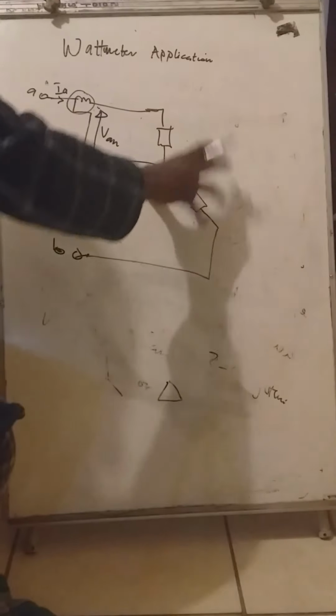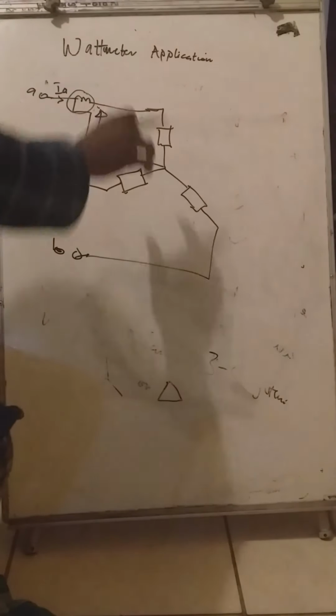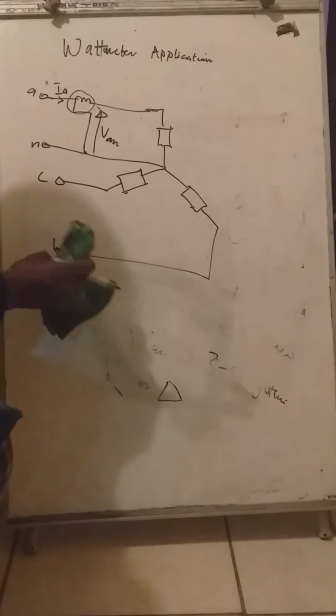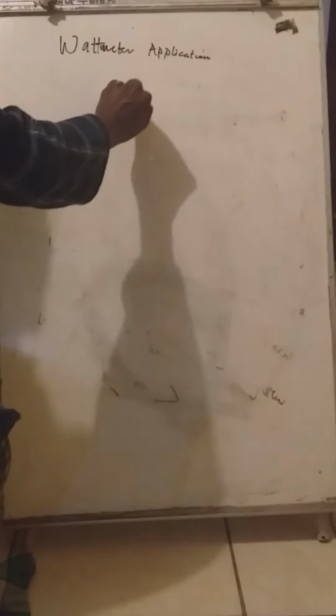That will give you the total power measured in the load. That is for the star connected system. The wattmeter measures the phase power that is then multiplied by 3 to find the total power in a balanced load. Now let us look at the delta connected system.